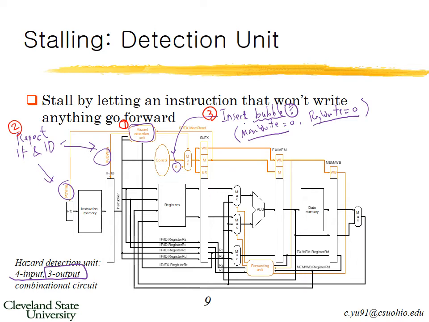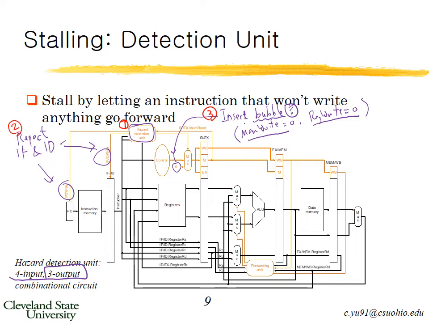If you remember, every instruction is supposed to either change the content of a register, change the content of memory, or change the content of the program counter. If an instruction doesn't do any of those things, it is actually doing nothing.